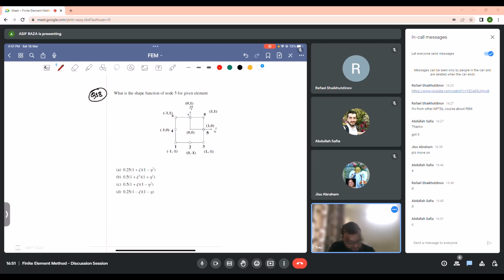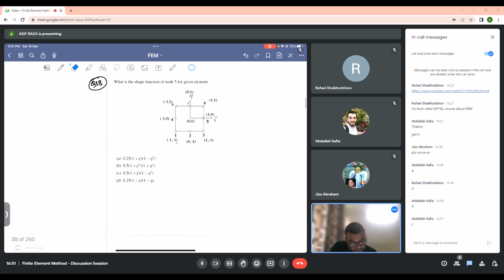To solve this we can just do these three lines, or you can use substitution, and by using elimination also you can find the answer. So node 5 has the coordinate 1 comma 0.